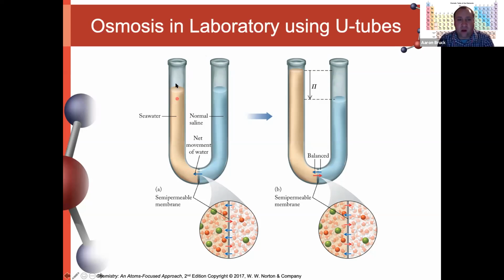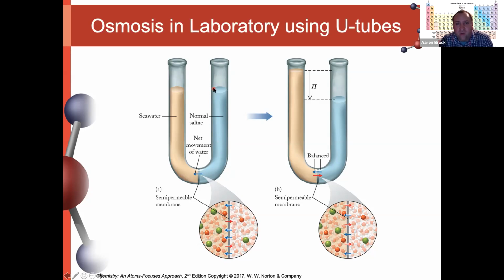And so on one side of this U-tube, we have seawater, which is very, very concentrated in solute, and you can see it in the molecular picture here. On this side, we have normal saline, which is roughly salty, but not too terribly salty at all. Much more dilute, as we can compare them to each other.